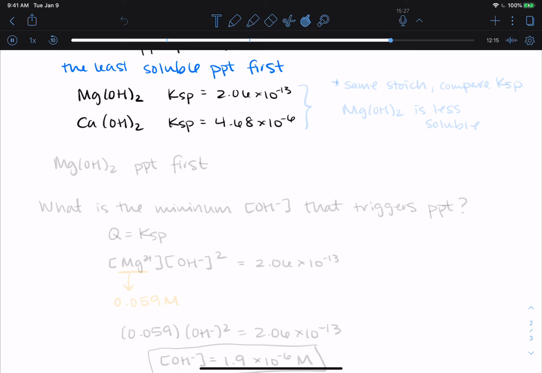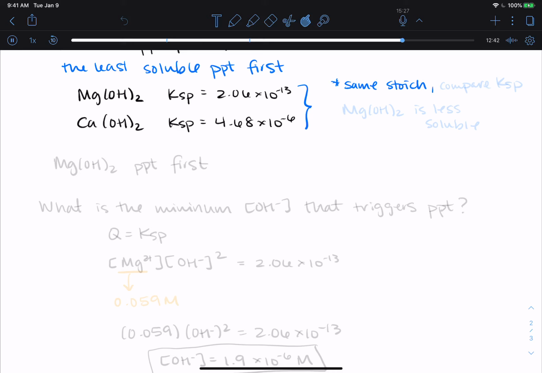So we need to determine which is the least soluble. So the information that we need to work with is the molar solubility, but these 2 salts have the same stoichiometry, right? You get 1 cation and 2 anions when these go into solution, so I can directly compare the KSPs. So this is going to save us a little bit of calculation.